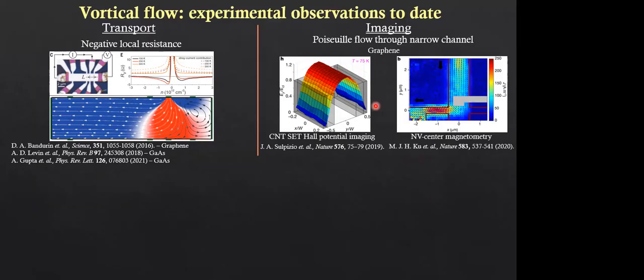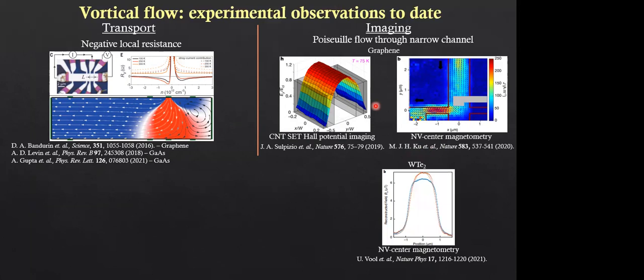And recent work using this magnetometry shows that in tungsten ditelluride, people have observed this Poiseuille flow, which is a signature of hydrodynamic flow.